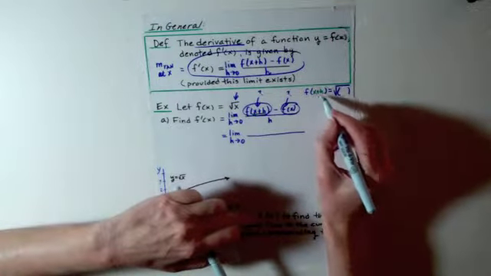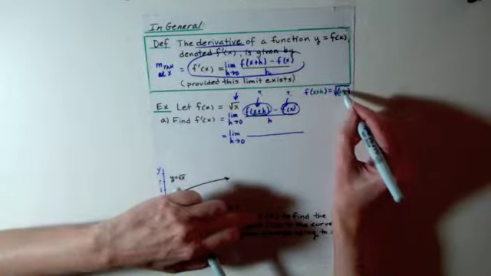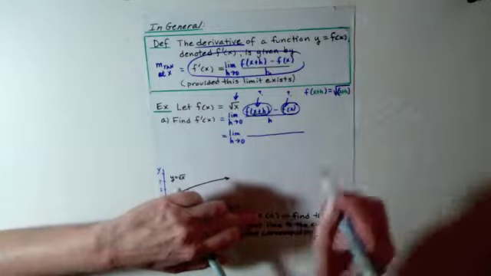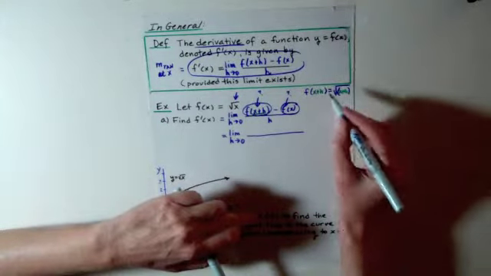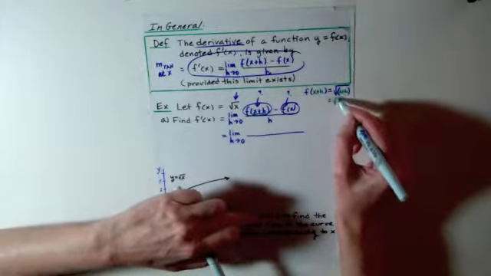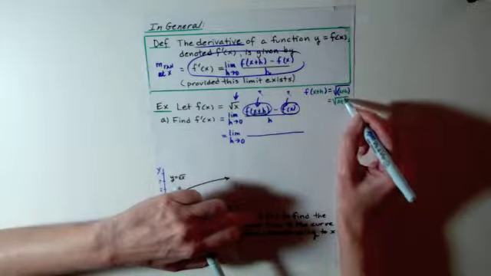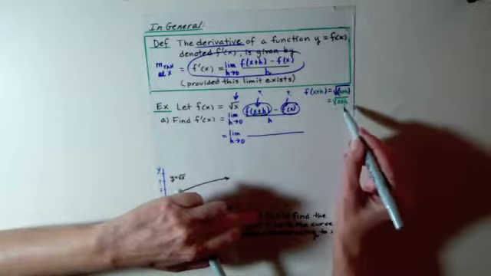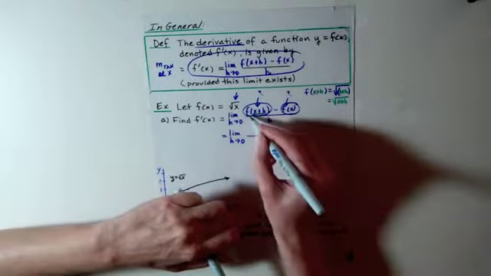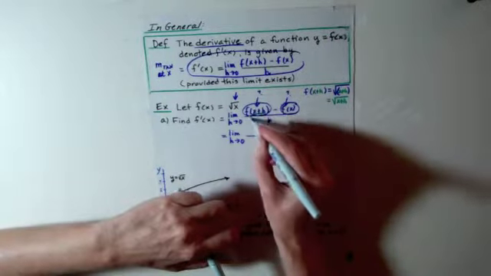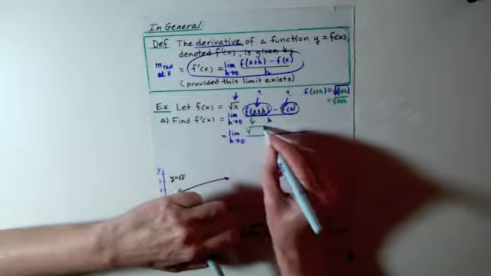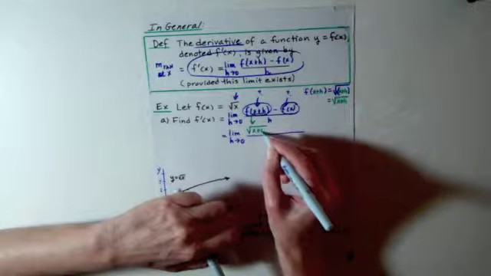I'm trying to find f of x plus h, and so that's what has to go into the empty parentheses here. So I get square root of the quantity x plus h. Those parentheses are really unnecessary in this case. You could just write it as square root of x plus h. So this thing that I asked you to find here is the square root of x plus h.